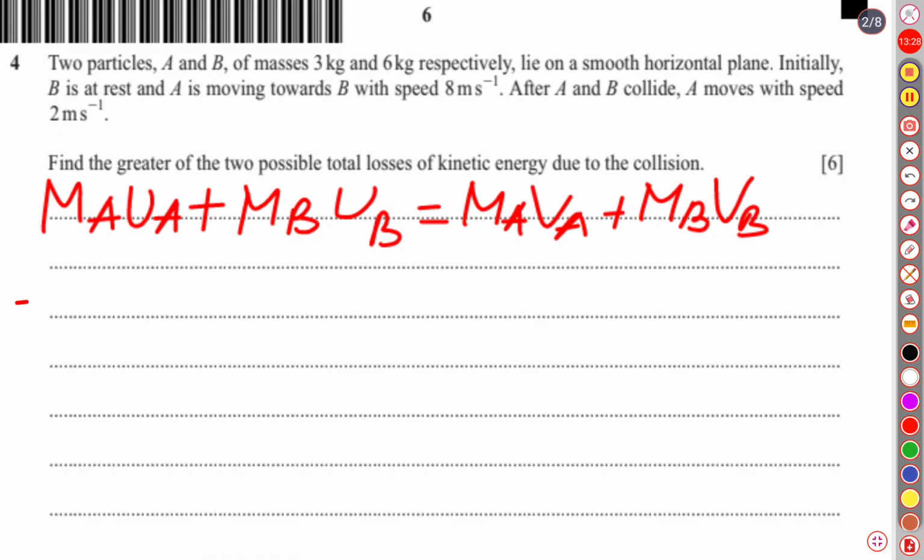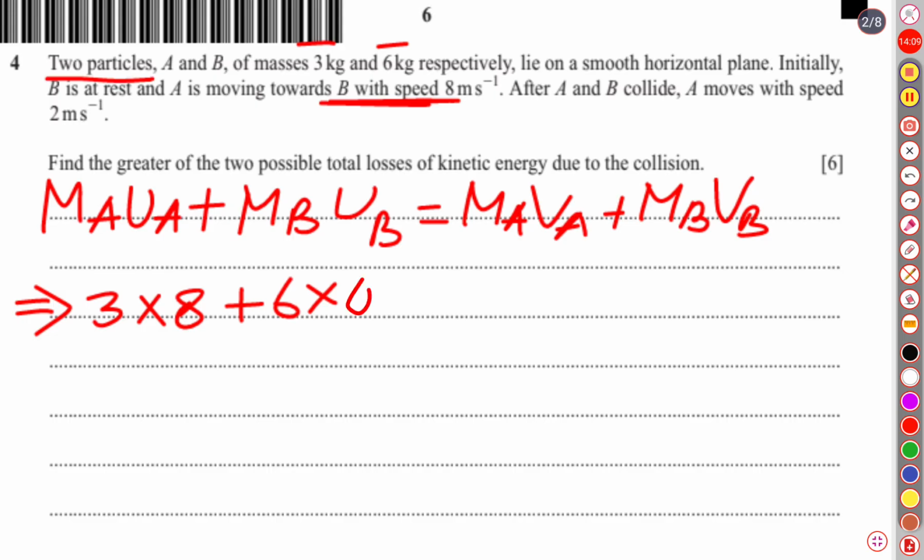So let us substitute the values. Mass of particle A is 3 kg and B is 6 kg. A is moving towards B, so before collision A was moving at a speed of 8 meter per second. Plus mass of particle B is 6 kg and B was at rest, since both lie on a smooth horizontal plane and initially B is at rest.